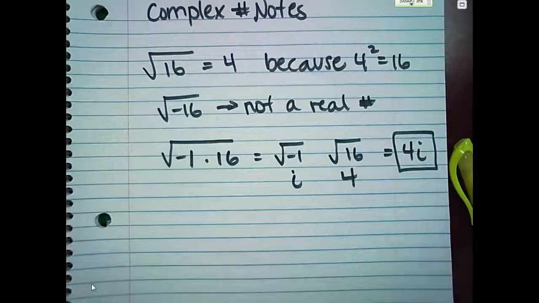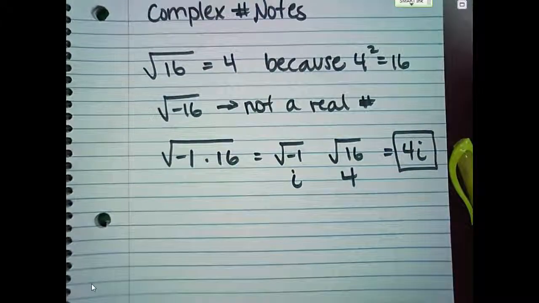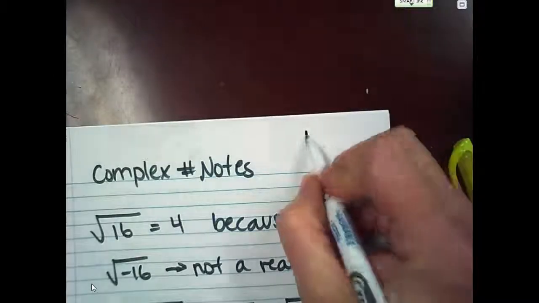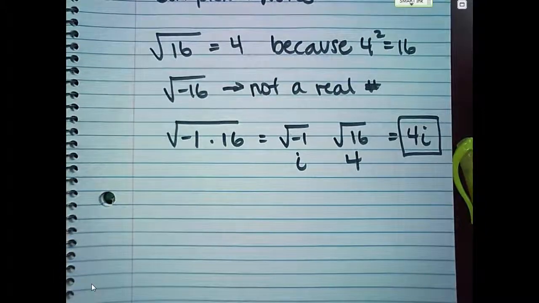And the I is written as an italics I. Do not write your I as a straight line with a tiny dot on the top. That's not correct. It's an italics I.